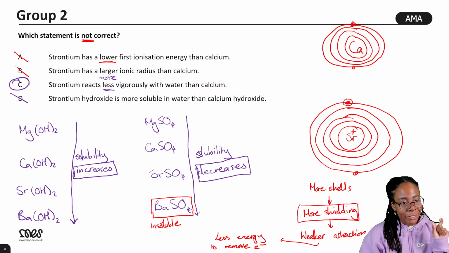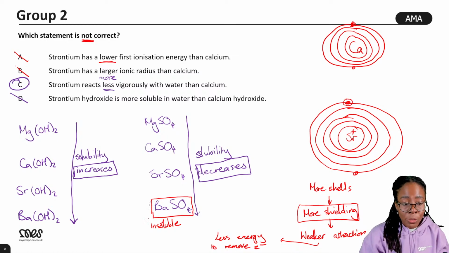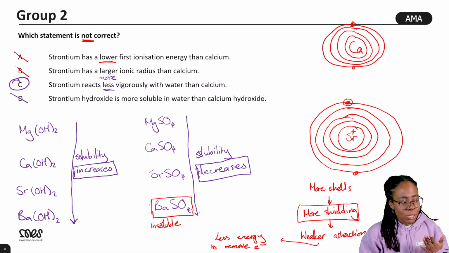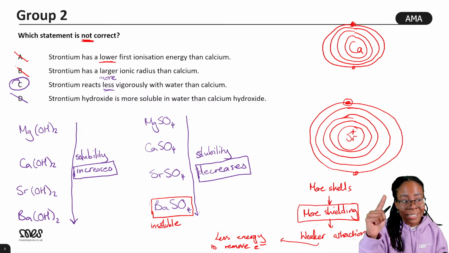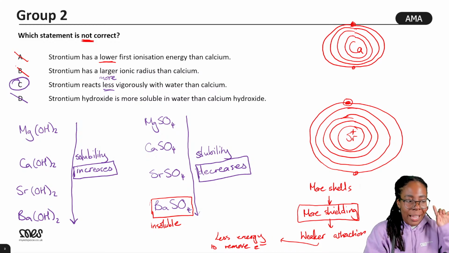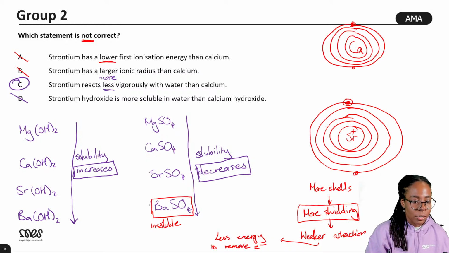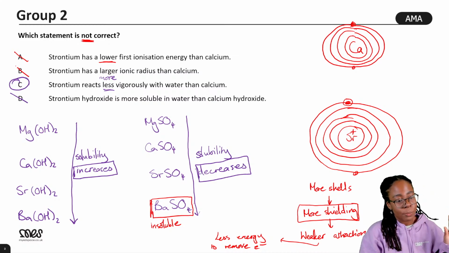And barium 2 plus is our test for sulfate ions because it gives us a white precipitate. So if we know that barium sulfate is insoluble, then we must know just by looking at our periodic table that the solubility for our sulfates decreases down the group. And then we know it's the opposite for hydroxides. So just remembering this, you've remembered a whole bunch to be able to apply.